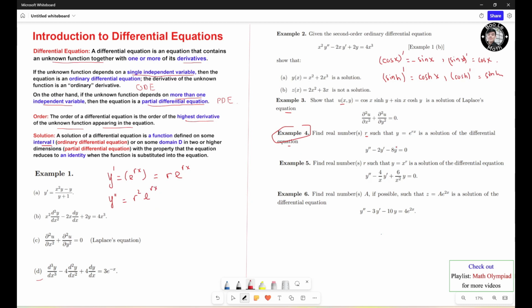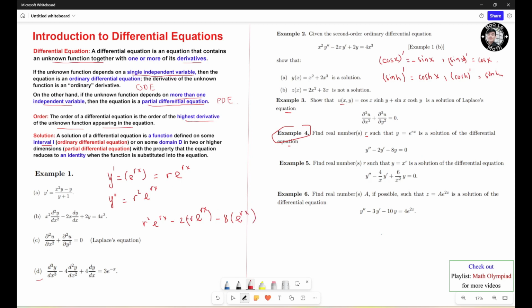Now we substitute into this equation, so we have what? y double prime is r squared e to the rs, minus 2 times r e to the rs right here, because this is y prime, and then minus 8 times y, but y equals e to the rs.